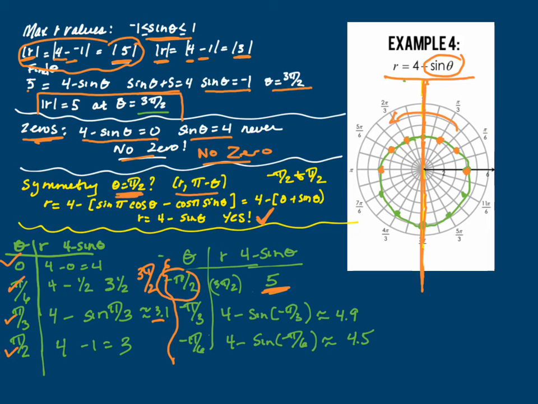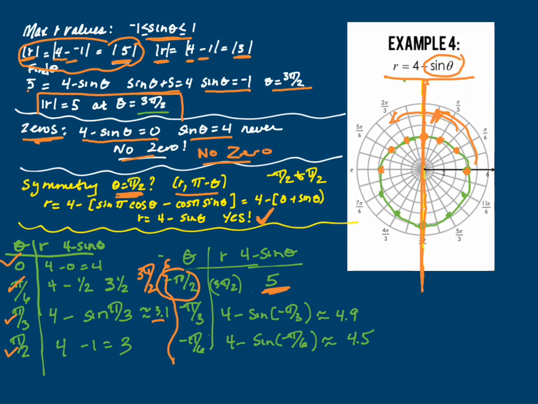At pi over 2, we're at 3, and there's no symmetry. It's right on this line of symmetry, so I don't have a second point for that one. Now I've done all these, which gave me all of these, and now I'm going to do these points, which will give me these points. Make sense?